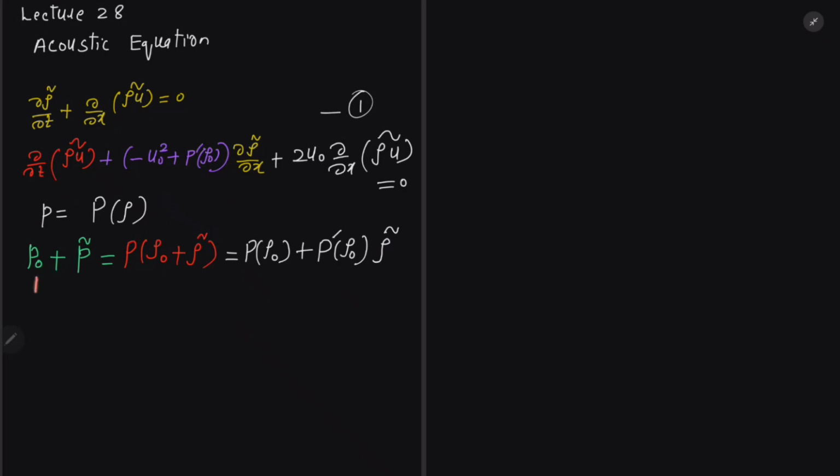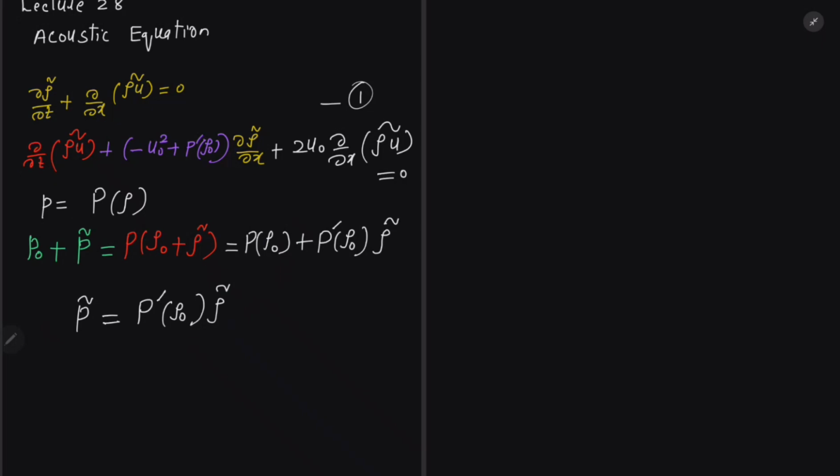So this P naught will be equal to capital P of rho naught, and these cancel out, and finally we get P tilde equal to P dash rho naught rho tilde.